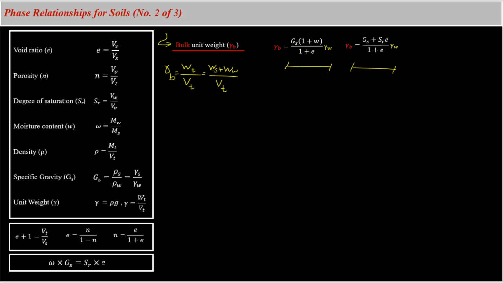In the left equation, we have the specific gravity times 1 plus the moisture content in decimal, divided by 1 plus e, times the density of water. The right equation, on the other hand, is basically, as I said, equivalent to the left one, because the numerator of the left equation is specific gravity times 1 plus w, that is equal to specific gravity plus specific gravity times w.